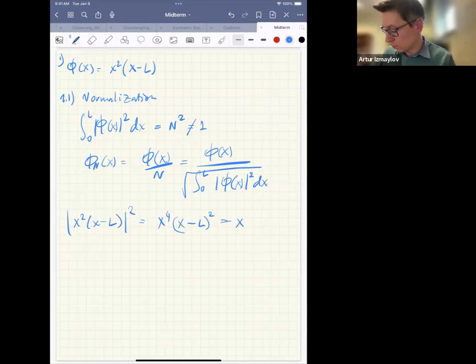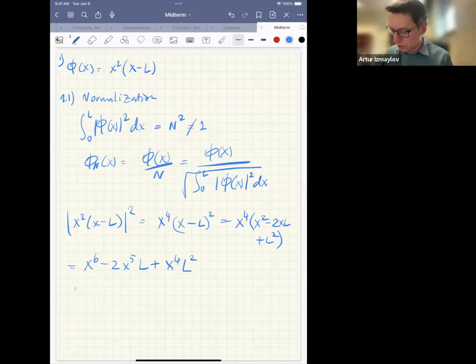So we have x to the fourth times (x squared minus 2xL plus L squared). After the decomposition, it's x to the 6 minus 2x to the 5 L plus x to the 4 L squared.